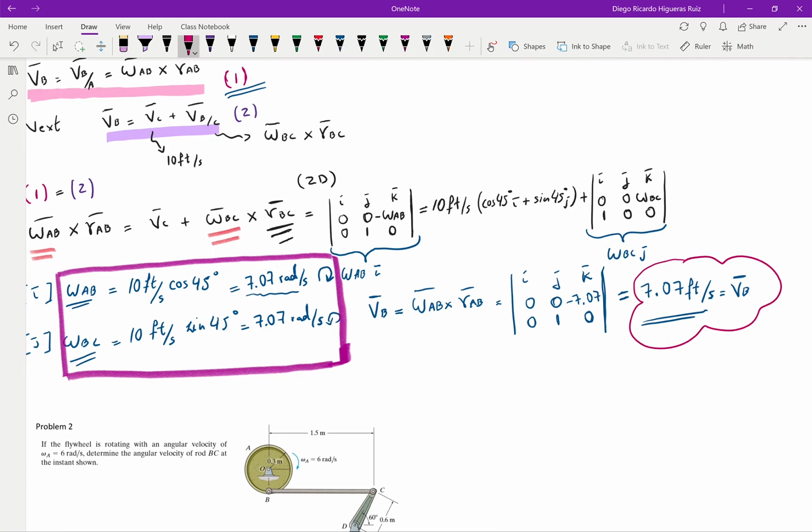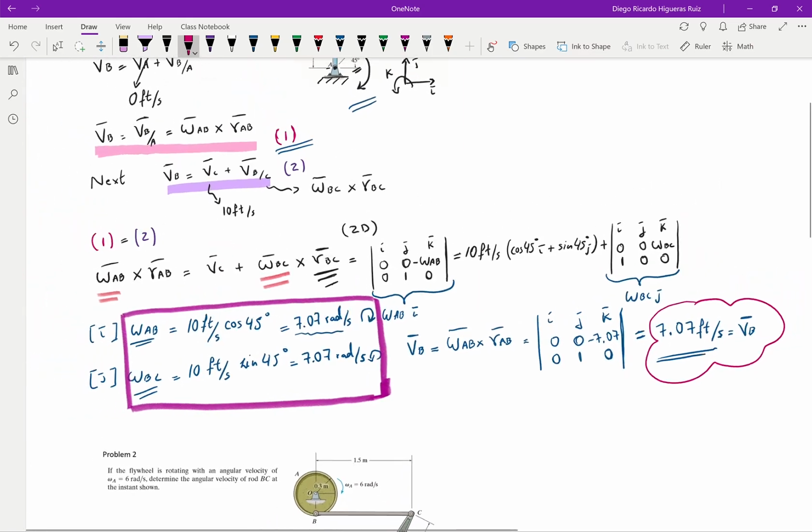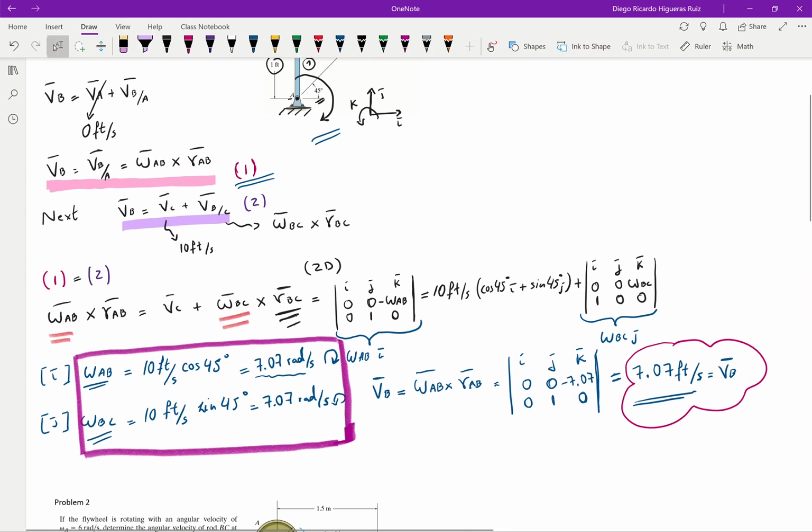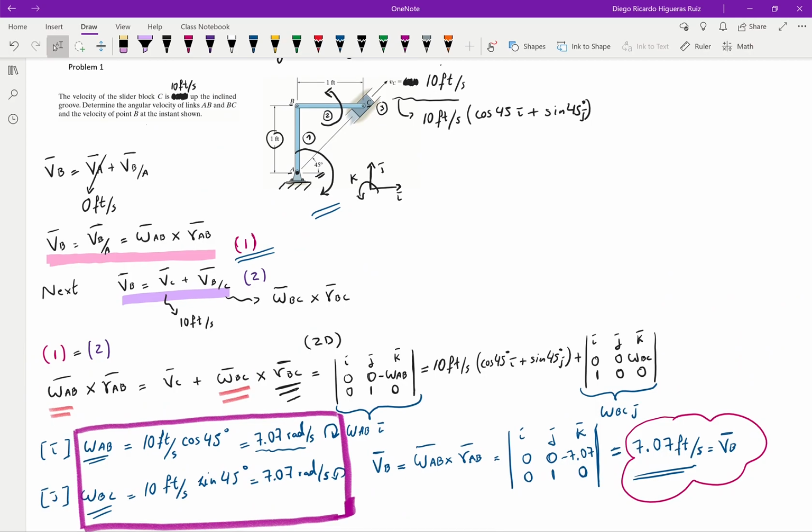Now we got this result. I want to come back here, draw the problem, and analyze those velocities. I want to make sure that those make sense for the system that is given in this problem at the instant shown.